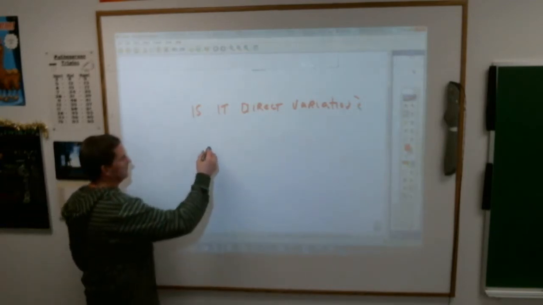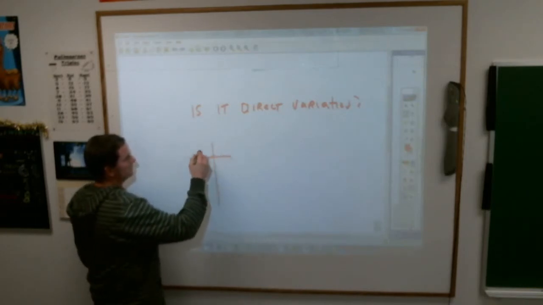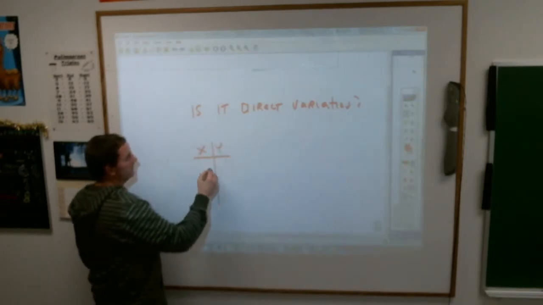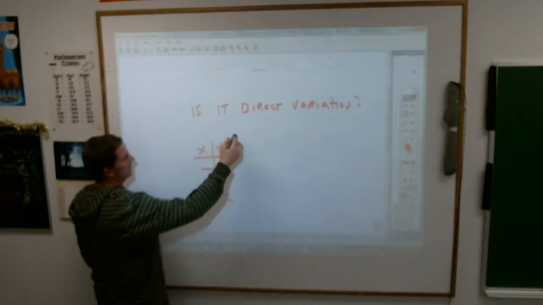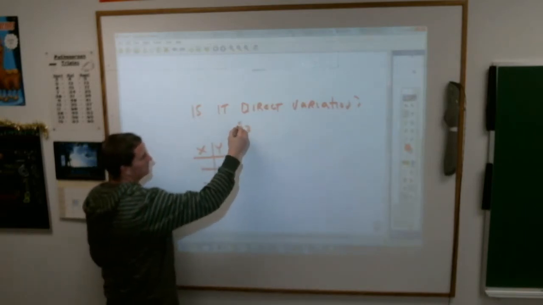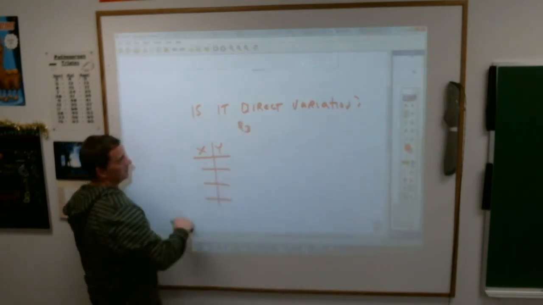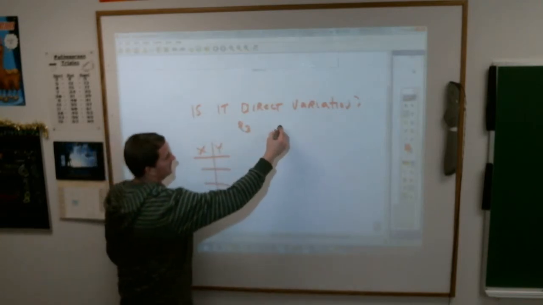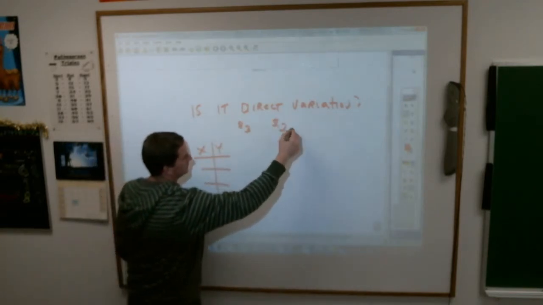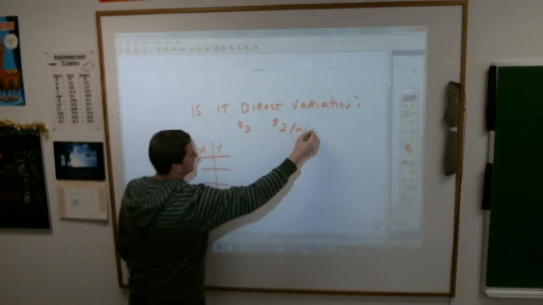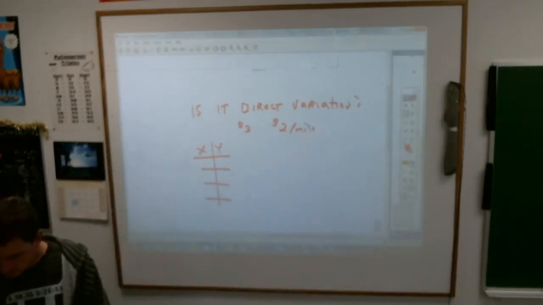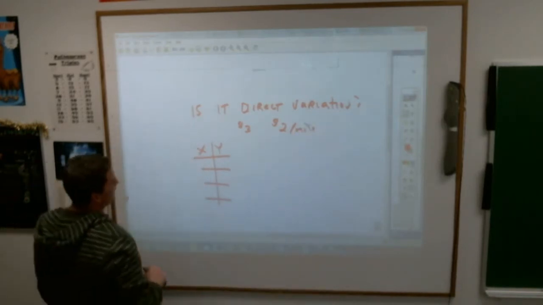We could draw our table here with X and Y. You have to pay $3 no matter what, right? And then it's $2 a mile? Help me out here. Yeah, it is. So here's the deal.